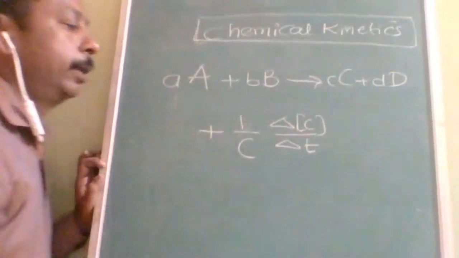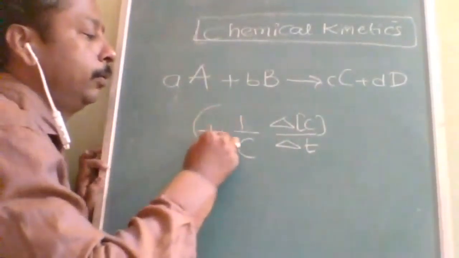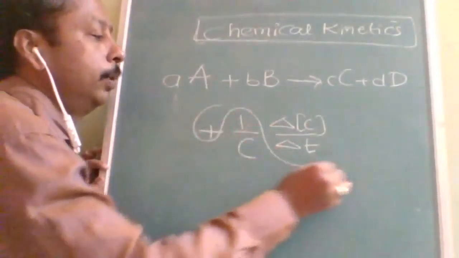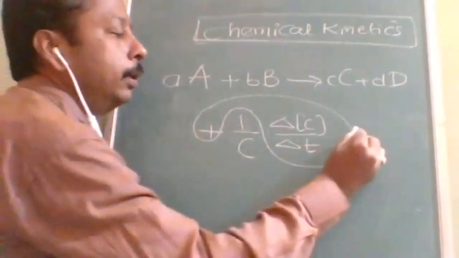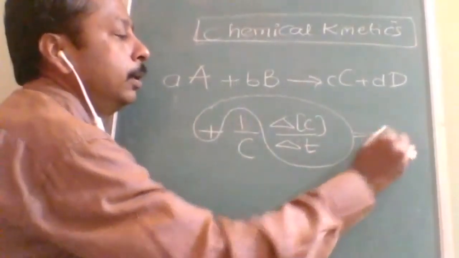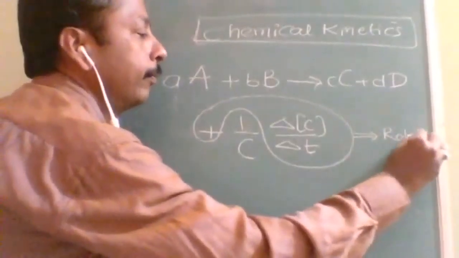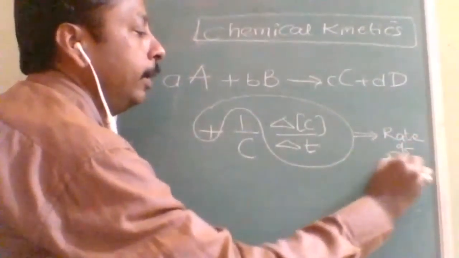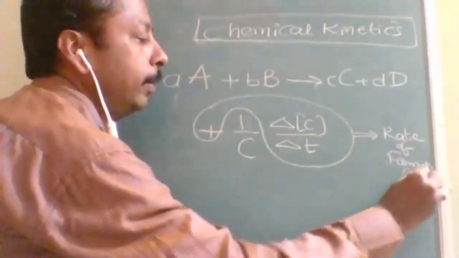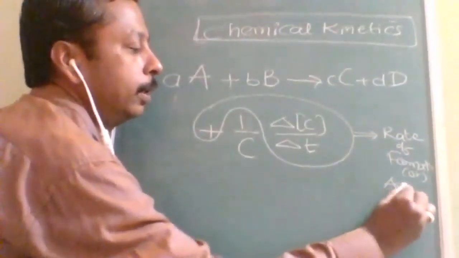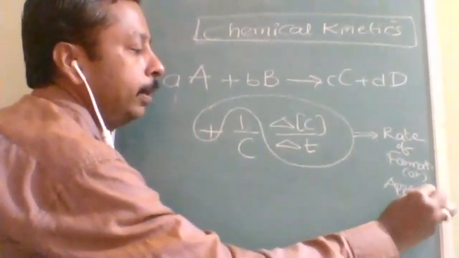Now you can understand, if I write only this, not this 1 by C, then it is called the rate of formation. Sometimes they also call it the rate of appearance.